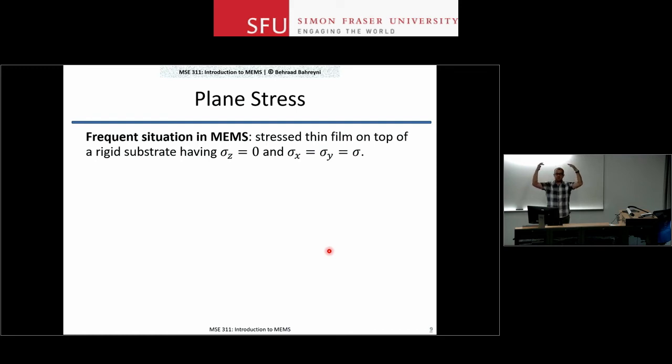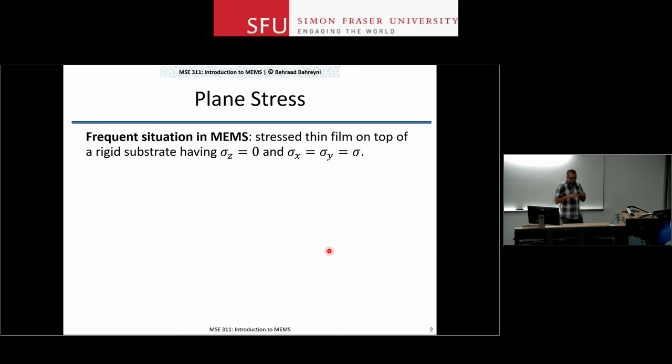You deposit this film, let's say at 200-300 degrees Celsius. The temperature rises during the process as you're depositing it. And then you cool this down to room temperature. The metal that you deposited on this wafer has a different thermal expansion coefficient than your silicon wafer. And therefore, once you cool these structures to room temperature, you develop an internal stress.